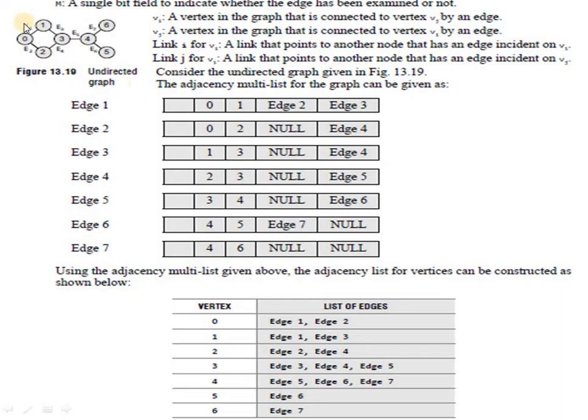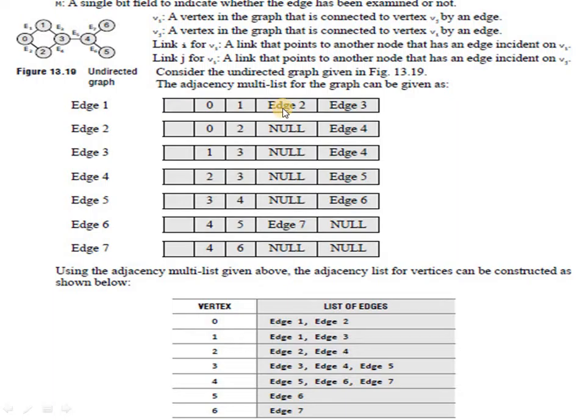Now consider E1, that is edge 1. We have a starting node and an end node: one node is 0 and another is 1. So here we put 0 and 1. Now the connected edges for this 0 are E1 and E2.